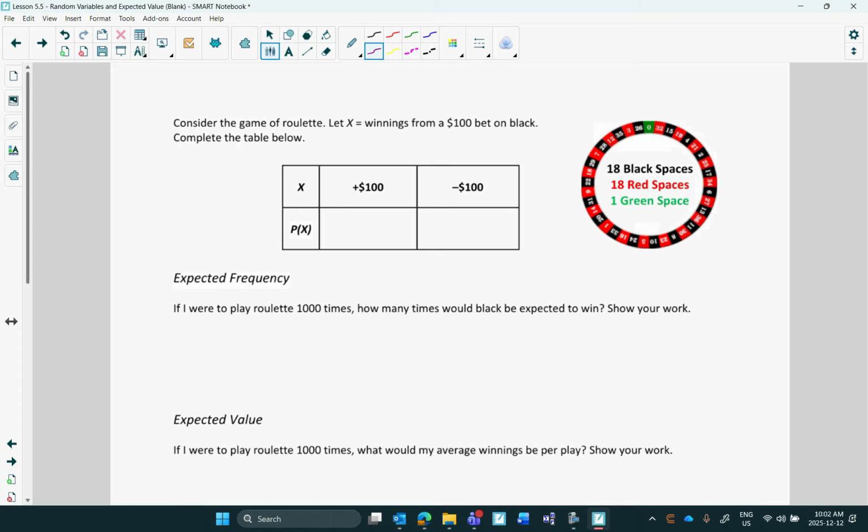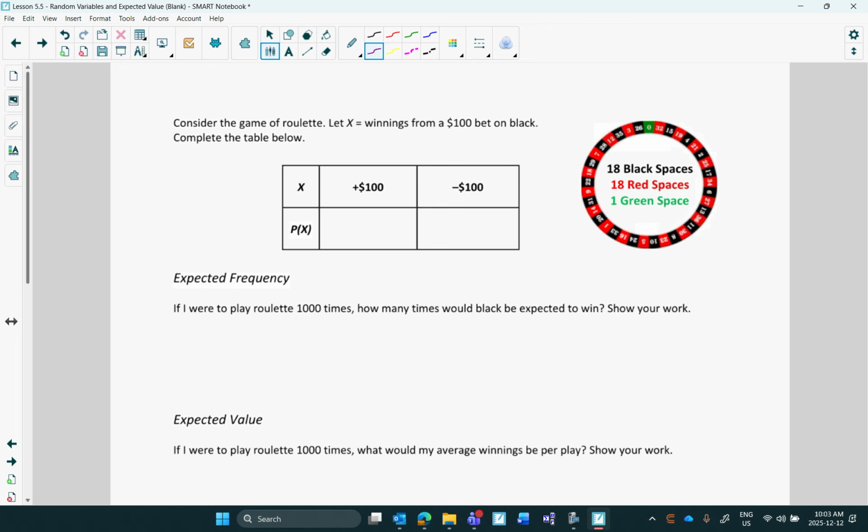There's all sorts of bets you can place. So our situation is we're going to let X equal the winnings from a $100 bet on black. So that's our random variable.